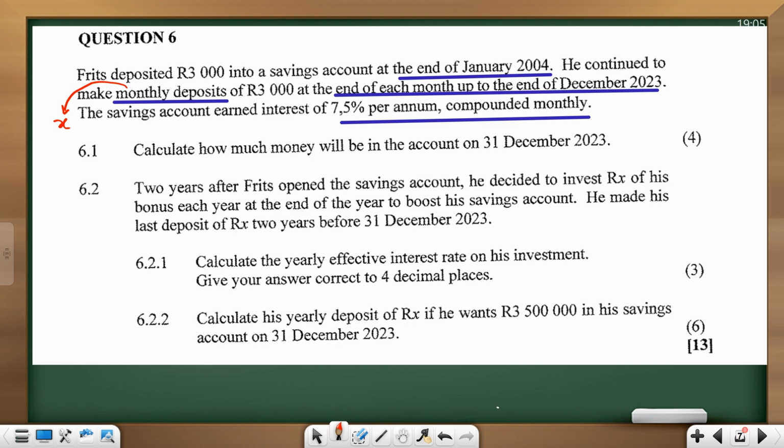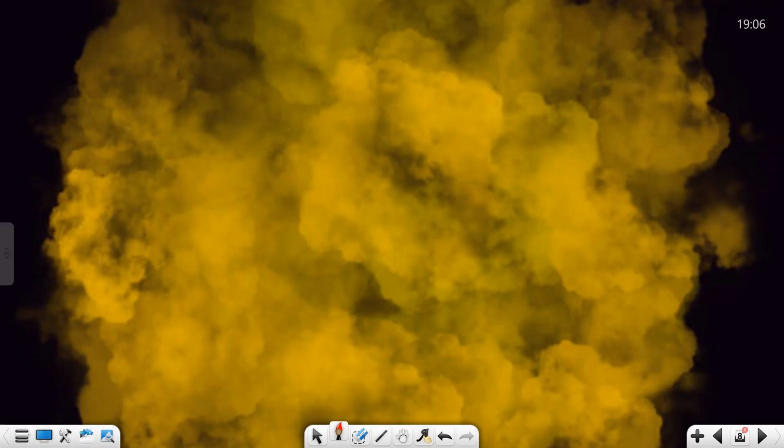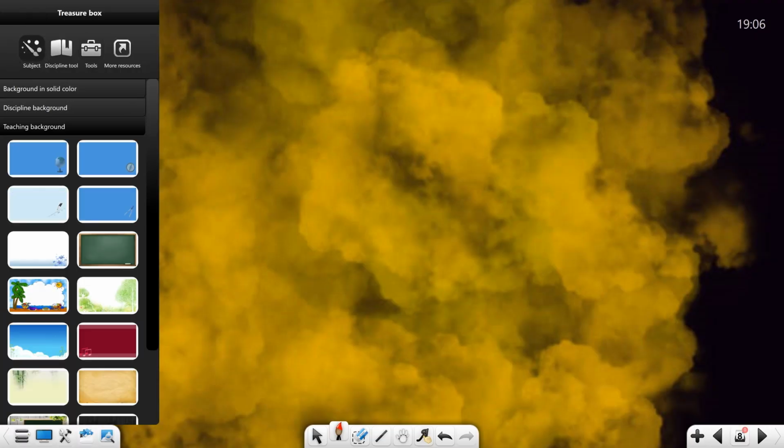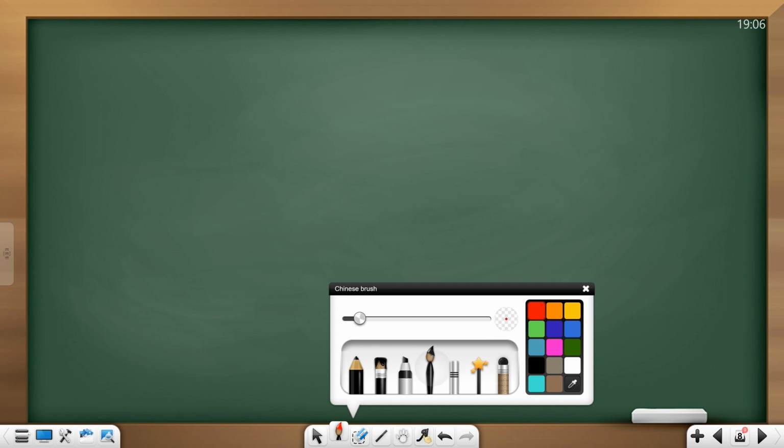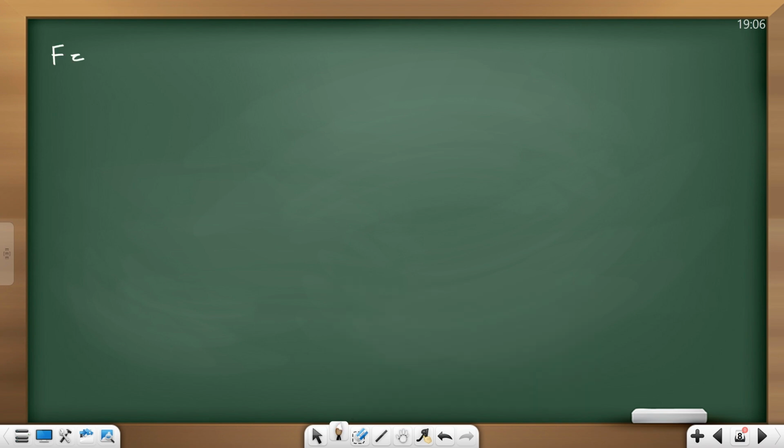Remember, compounded monthly means 7.5% over what? Over 12. First, what formula are we using? Future value formula. Okay. All right. Future value formula. And what is our future value formula?